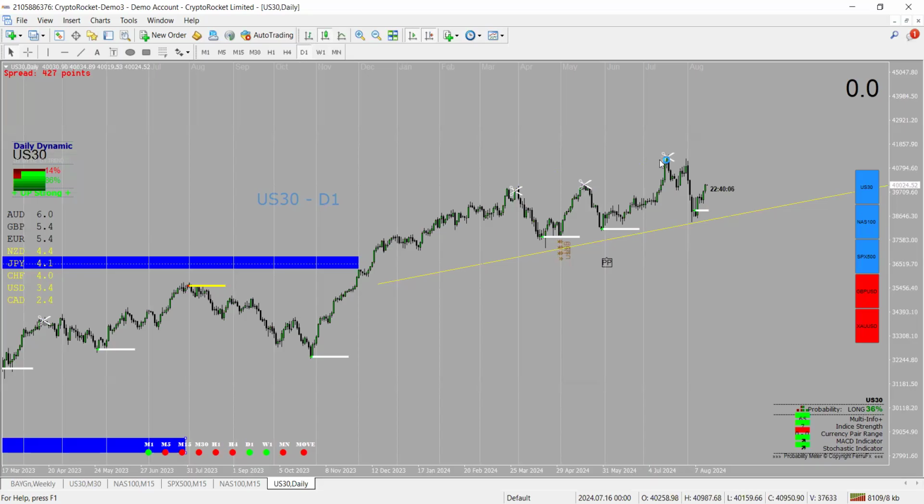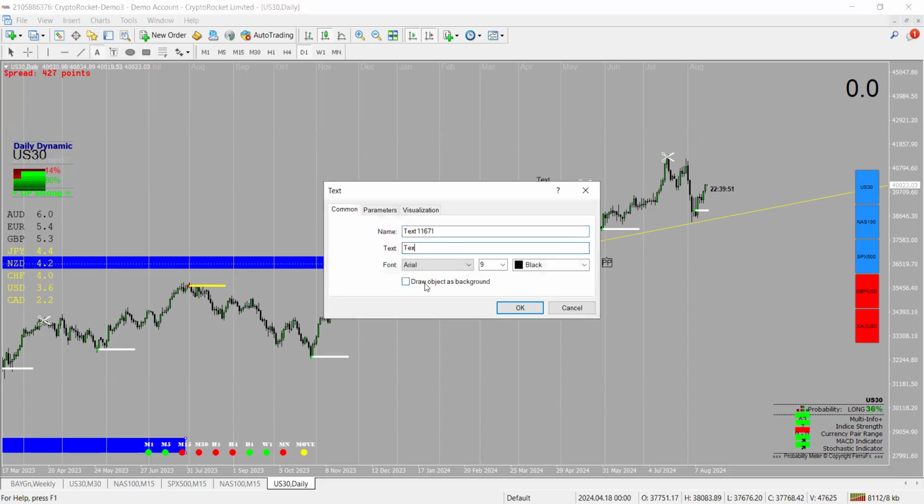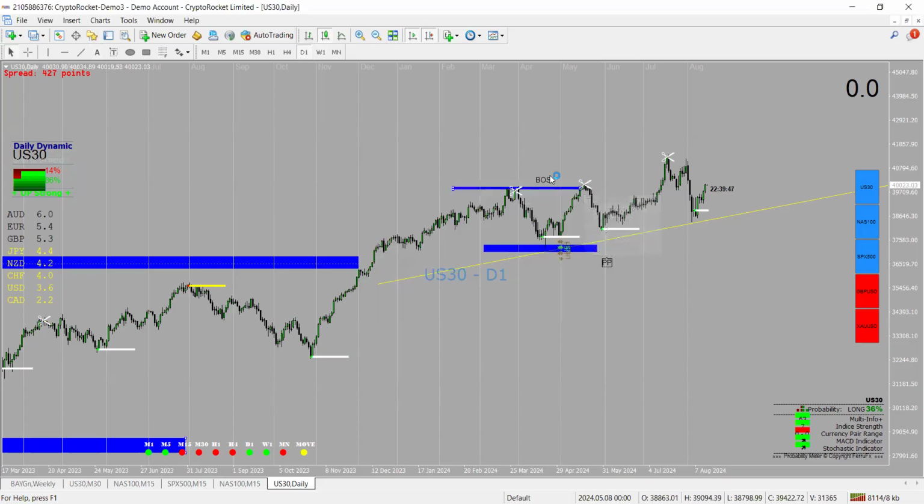If you wanted to understand the reason why this went up, you can just draw your pattern. You can see we have a break of structure that gives us a mixture of sellers and buyers, so this would be BOS. Above this would be RTP.